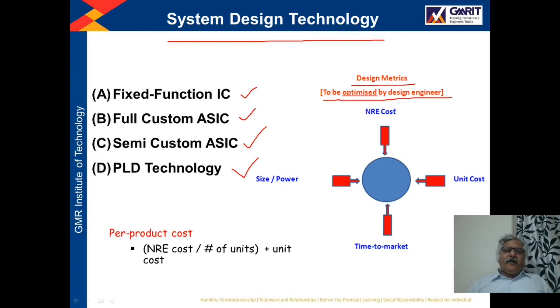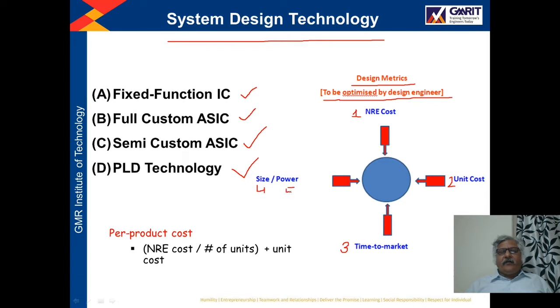So there are many design metrics. A few I have mentioned in this slide. One is NRE cost. The second design metric is unit cost. The third design metric is time to market. The fourth one is the size of the system, and you can say power is the fifth design metric.